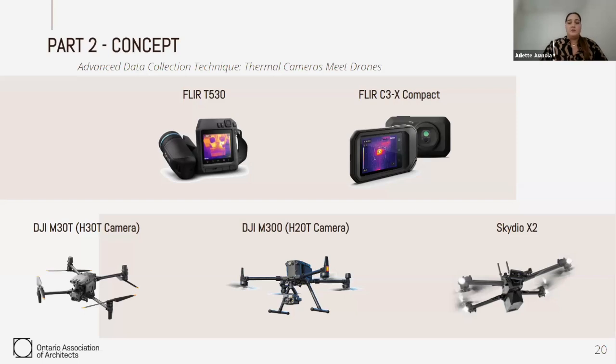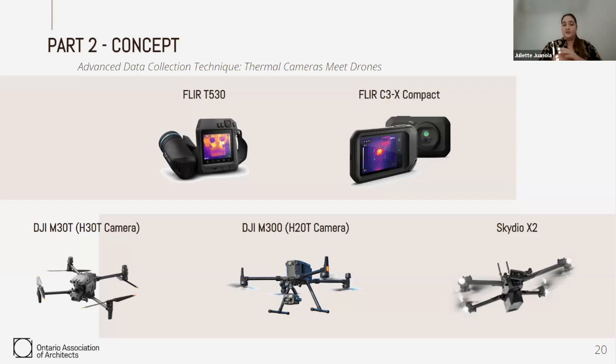You only have 2 examples here, and this remains a very useful and interesting technology to use to perform these audits, especially when it is needed to collect data on very tight parts of the building envelope where drones cannot go. Or also if a thermography audit needs to be performed on the inside of the building.